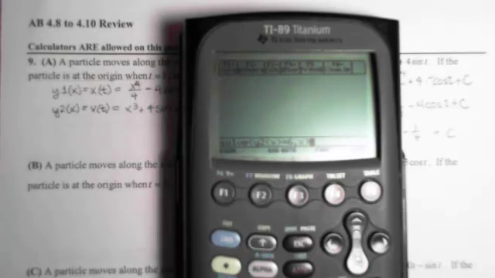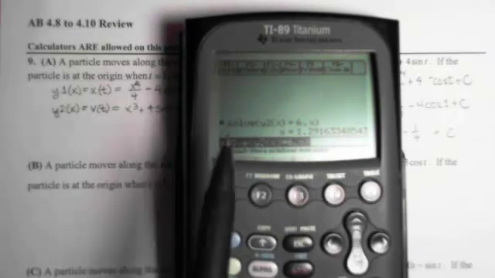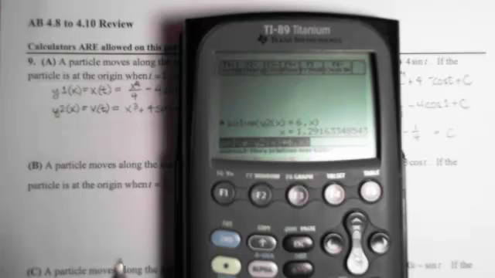So I'm solving for when y2 of x equals 6 with respect to x, and I'll hit diamond enter. Here we have our value, x equals 1.2916. So this is the time at which our velocity was going to be 6.